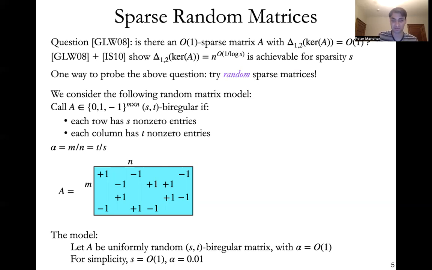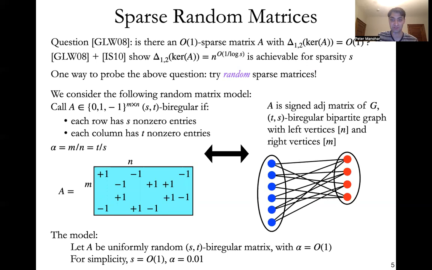Okay, and this model is in fact equivalent to the following thing where we set A to be the signed adjacency matrix of a random T-S biregular bipartite graph, where the left vertices are N and the right vertices are M. And the non-zero entries of A are simply specifying where the edges are, and then the signs are chosen uniformly at random.